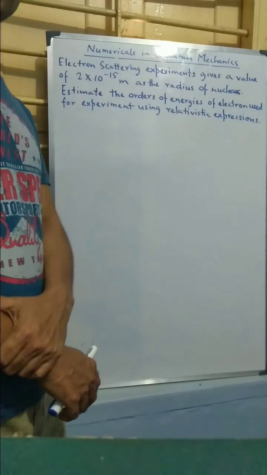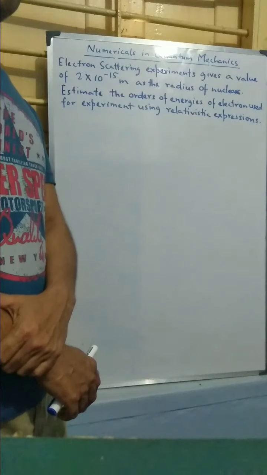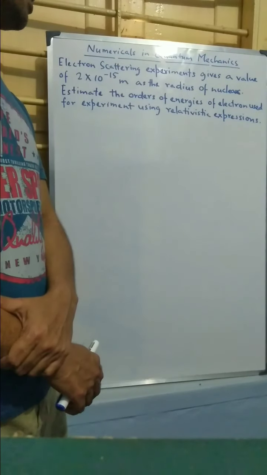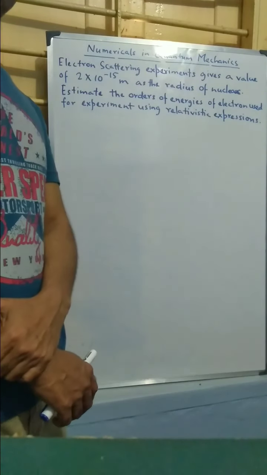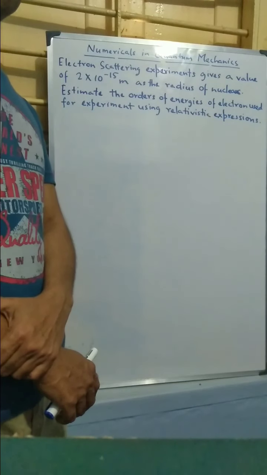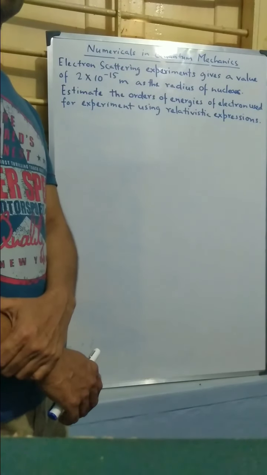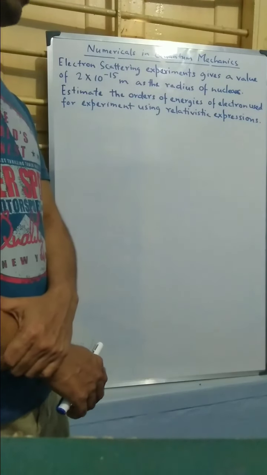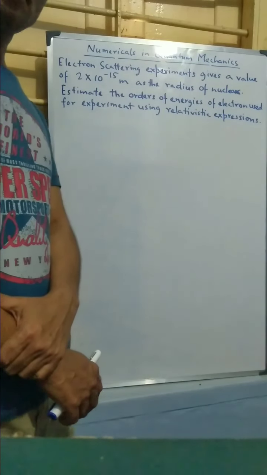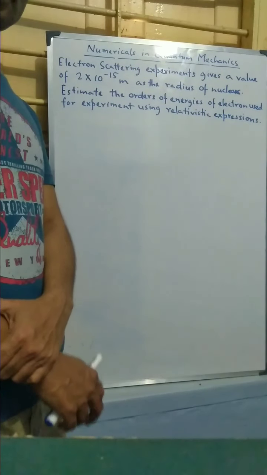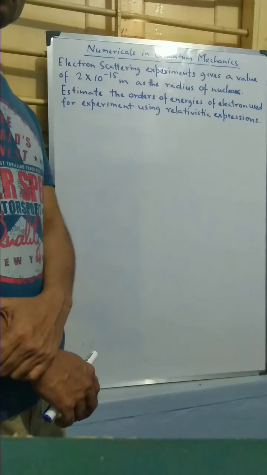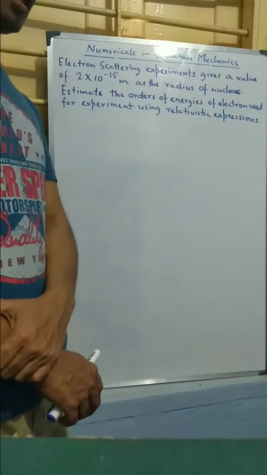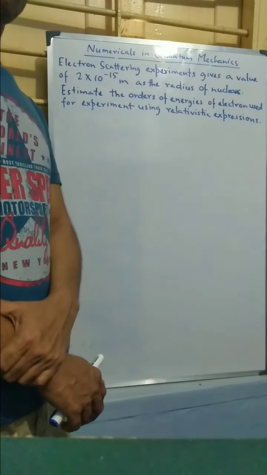So the electron's kinetic energy is to be determined by using relativistic expressions. Why are we using relativistic expressions? Because this particular speed, or the corresponding energy required, is much higher.